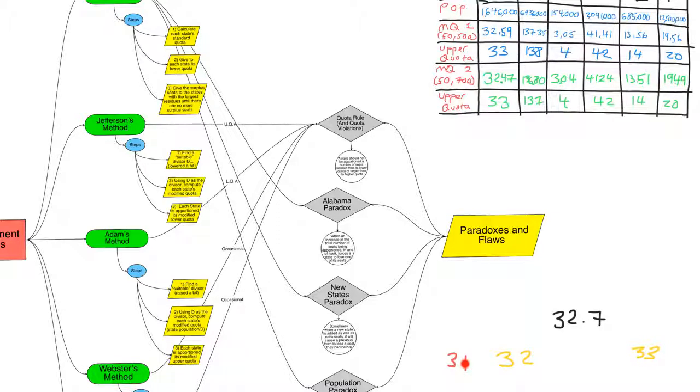It would be a violation to do so. And the Adams method will occasionally and unfortunately result in that violation. Yet another reason why these voting methods are imperfect. Okay, so let's move on to Webster's method.